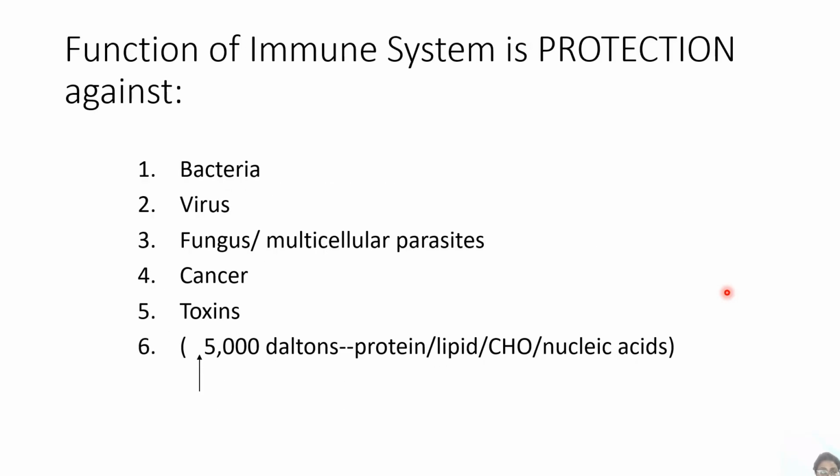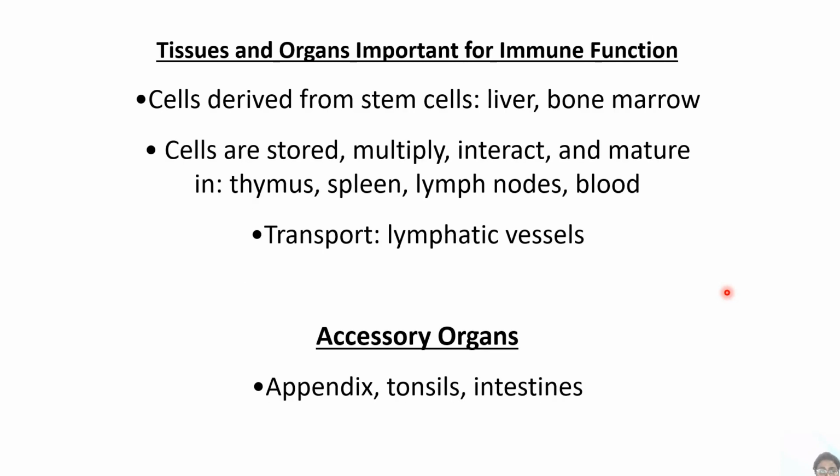All of these decrease. Now the function of the immune system is protection against bacteria, virus, fungus, cancer, toxins, and any substances above 5000 Daltons, like protein, lipids, nucleic acids.